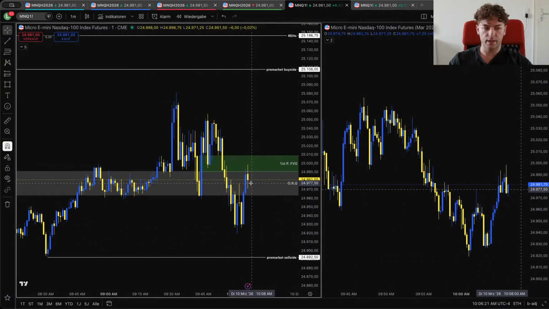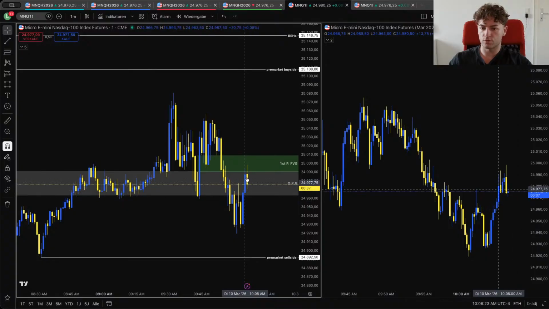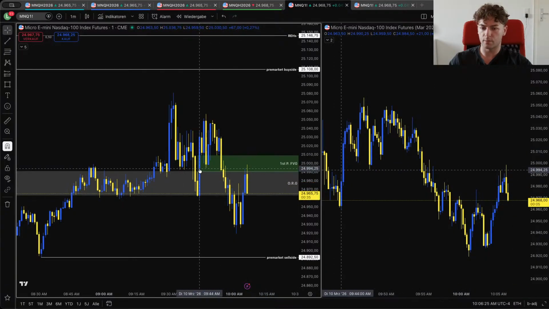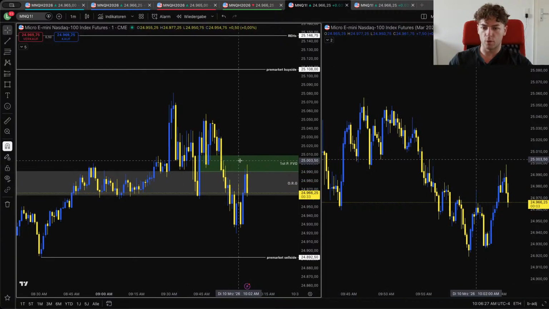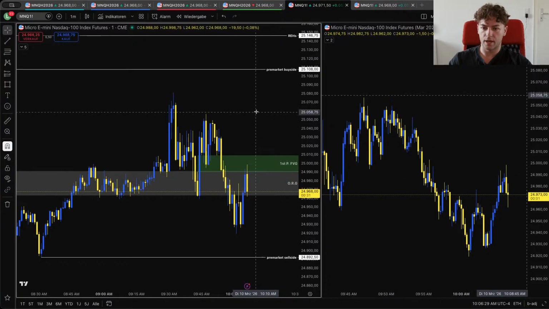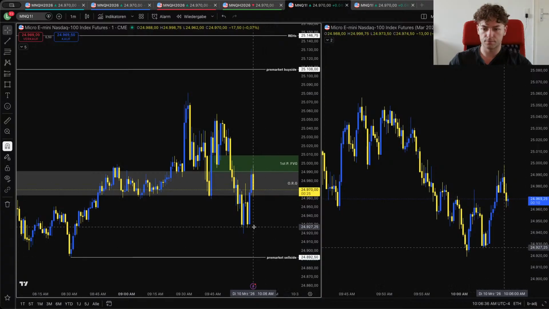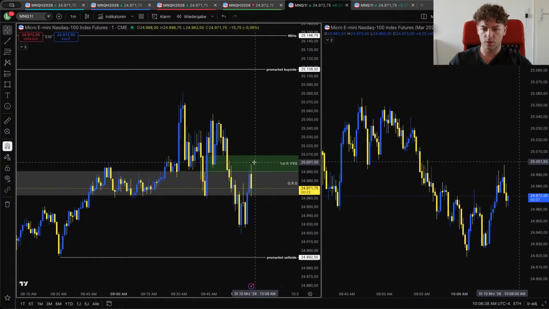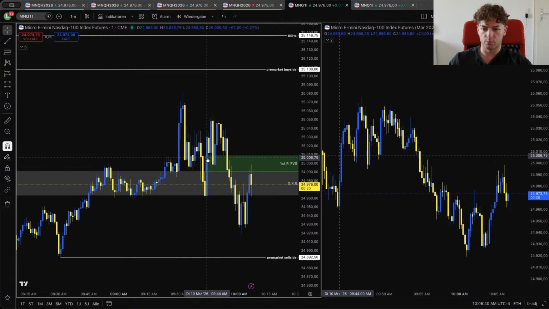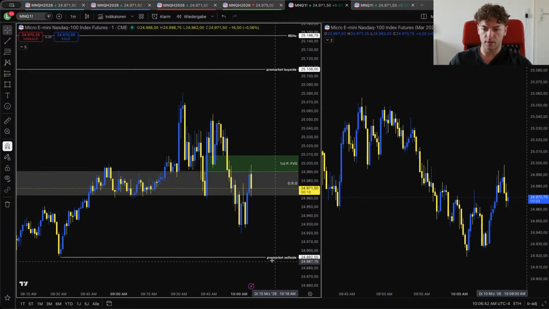And when NQ is able to trade above this first percent fair value gap, that's a moment where I want to look for higher prices. Okay, so now sell side liquidity here is the draw for right now. As long as we are below that first percent fair value gap, that's a draw.